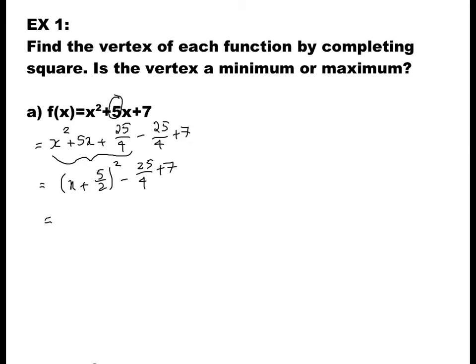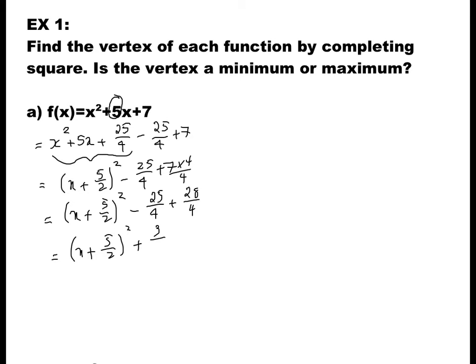And then if we simplify, we get x plus 5 over 2 squared minus 25 over 4 plus, multiplying this by 4 over 4, 28 over 4. If we simplify again, we get x plus 5 over 2 squared minus 25 over 4 plus 28 over 4, which gives us 3 over 4.